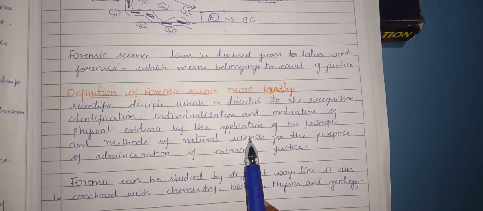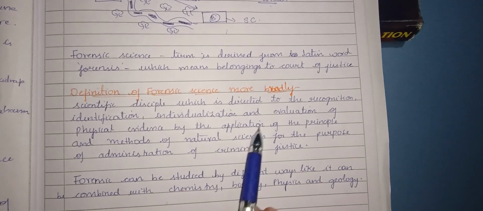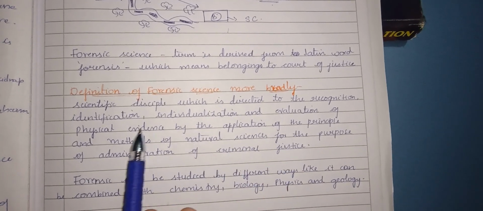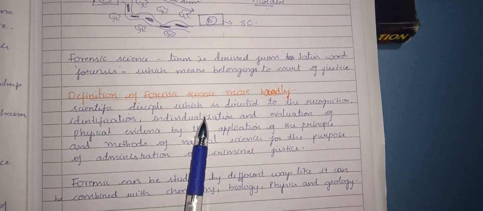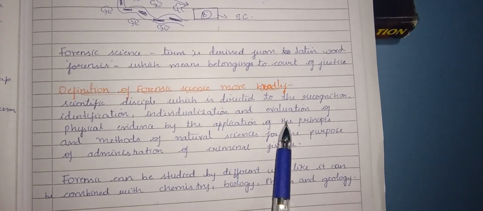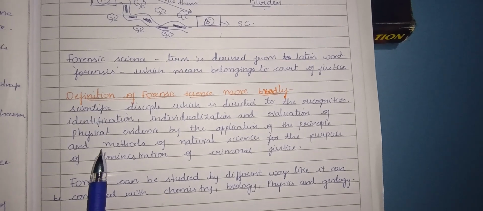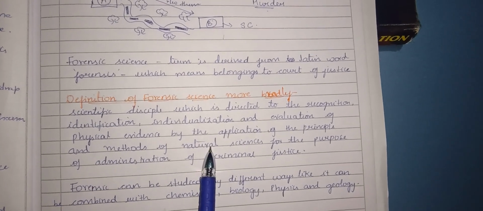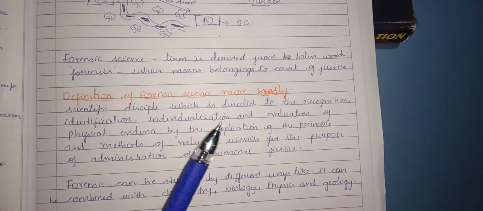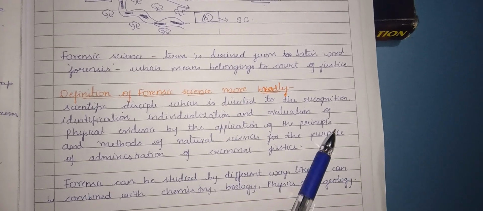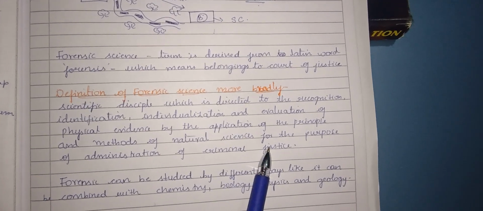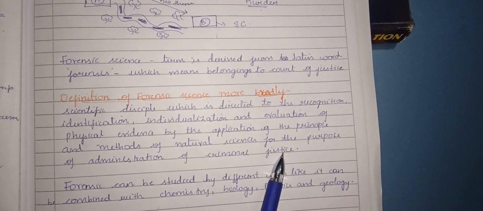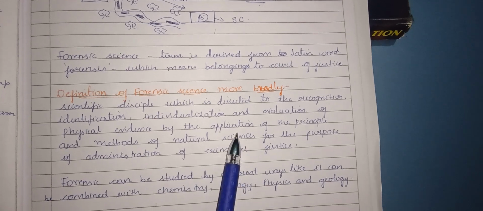So we do all these steps, recognition, then identification, then individualization, with the help of the principles and methods of natural sciences, for the purpose of administration of criminal justice. That is, we use this to achieve justice.